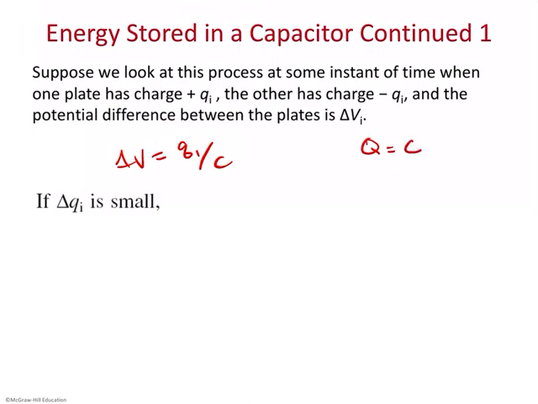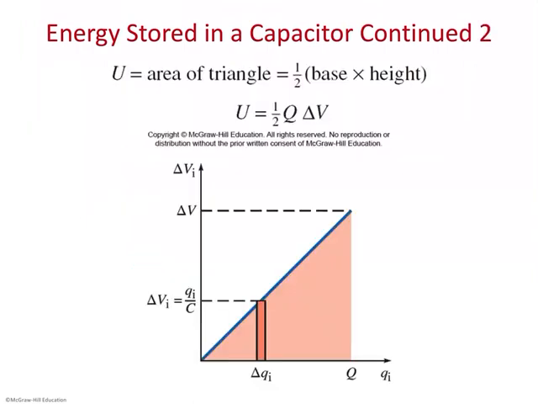Okay, that's our equation, essentially. They're just using the little q instead, and rearranging that equation. If q is small, then you could also show the potential energy is charge times voltage.